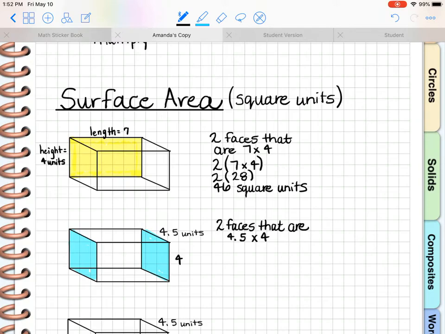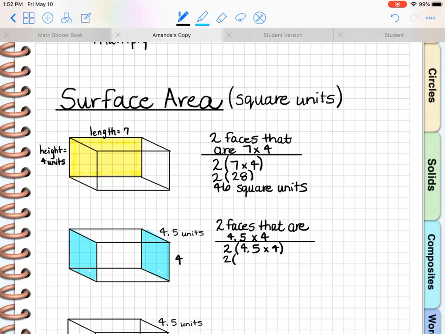To write that mathematically, remember we need to be able to write things the proper way. We would say 2 faces, and each one of them is 4.5 by 4. So let's do this math.